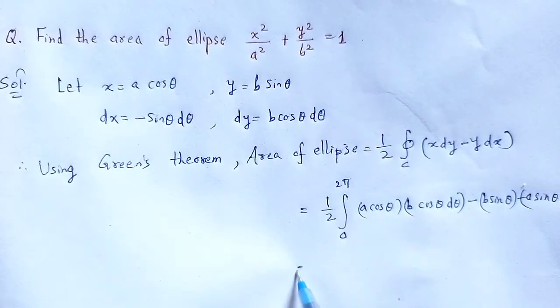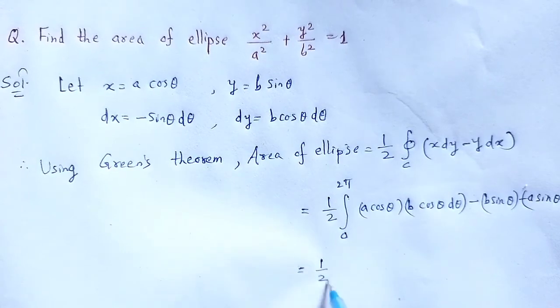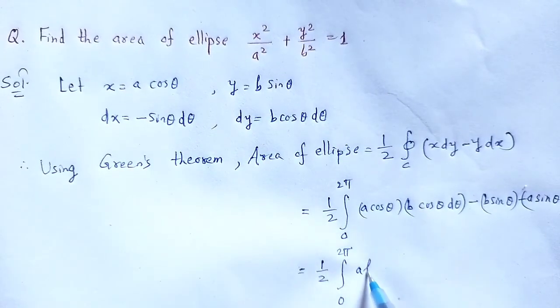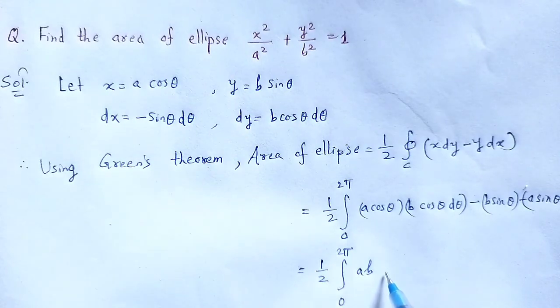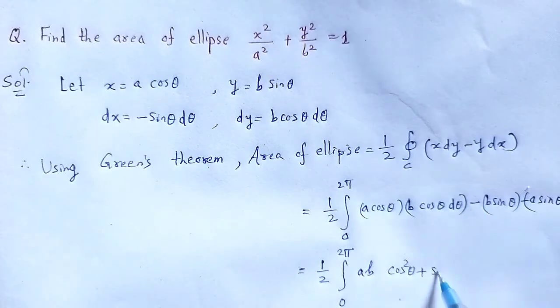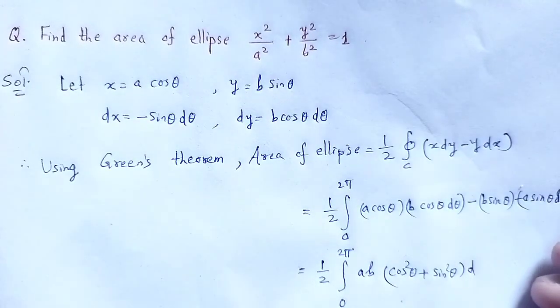That's why half integration from 0 to 2 pi, taking ab as common, we have cos square theta plus sin square theta, then d theta.